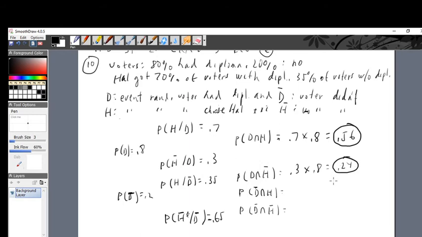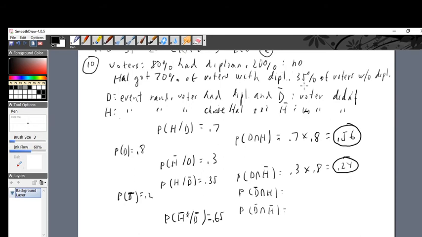Okay, very good. Now, what about this one? You've got the people who voted for Hal but did not have a diploma, right? How many people don't have a diploma? 20, let me show you up there. 20% don't have a diploma, right?